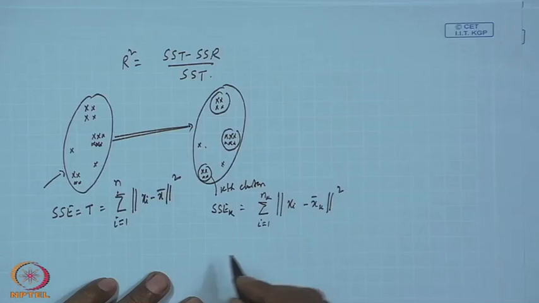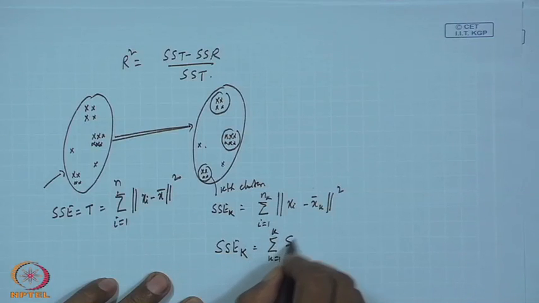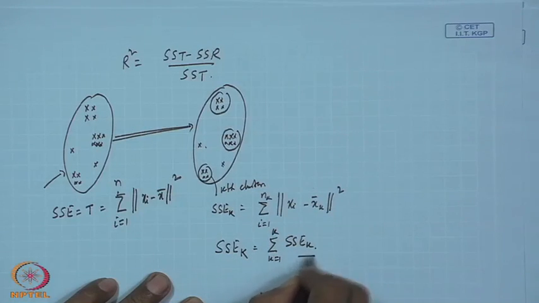As there are k clusters, ultimately if I say the total SSE, capital K, then this will be k equal to 1 to capital K of SSE small k.